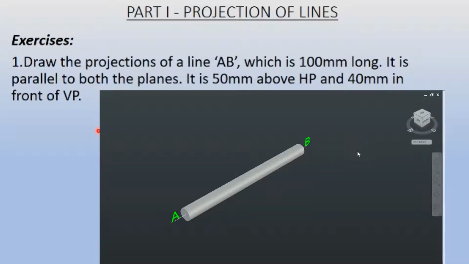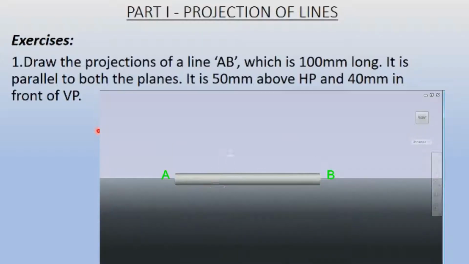So here I have taken one line. Actually this is a very thick line. A line should be a straight line without any thickening, but for explanation purpose I am taking this as a line. You have to imagine this as a line. Please be careful.